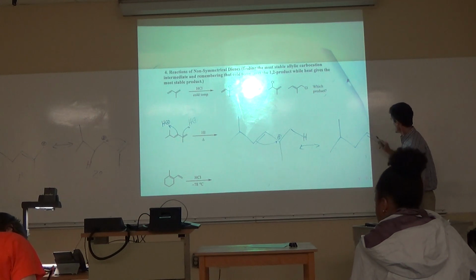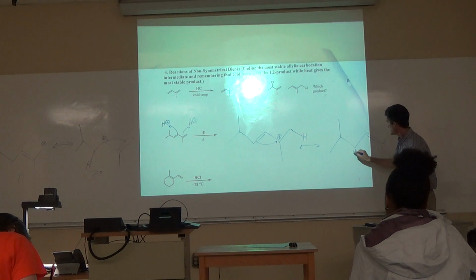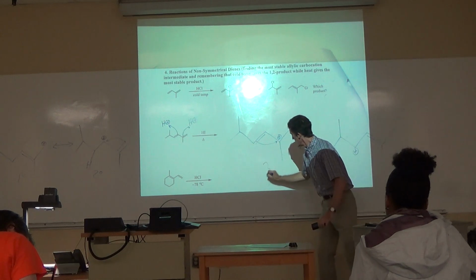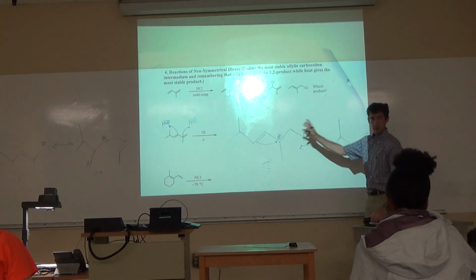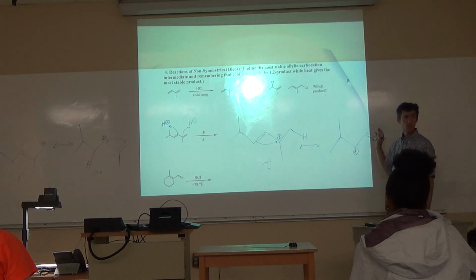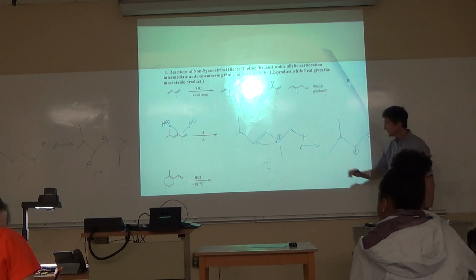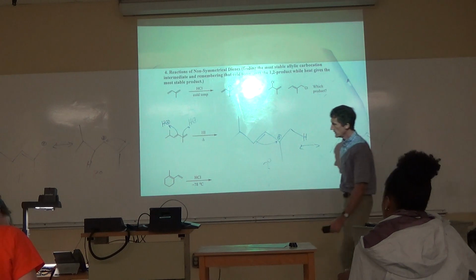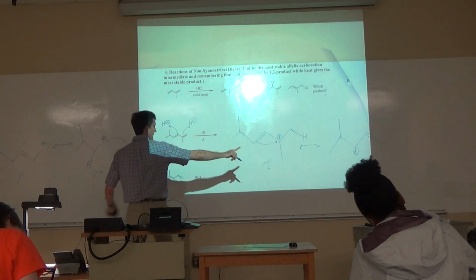Yes, there's a new H on the end. Positive here, is this looking right? What do we have over here? Neither structure is correct. The true structure is a blend. The blend has characteristics of tertiary and secondary. Which blend is better? This one, right?